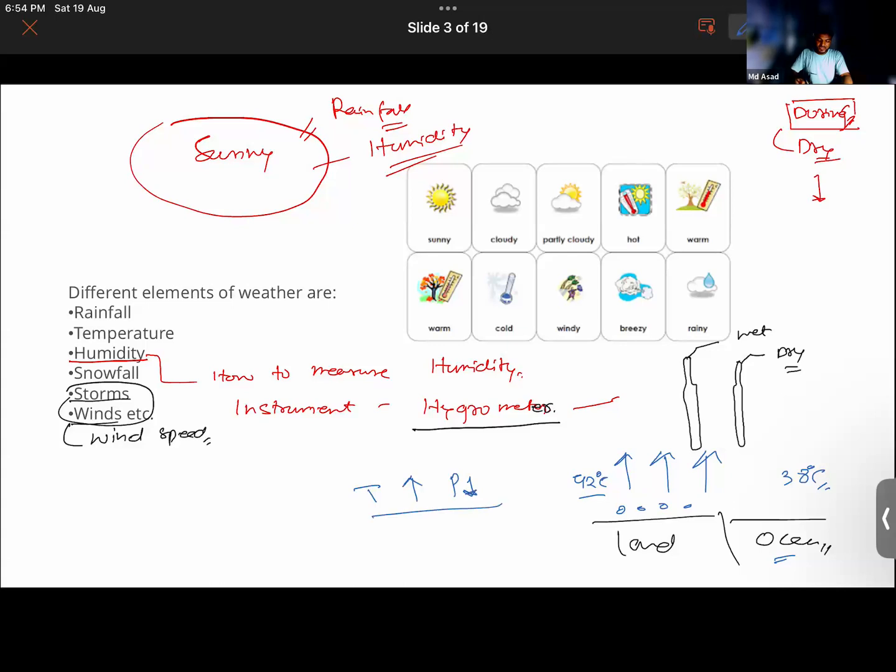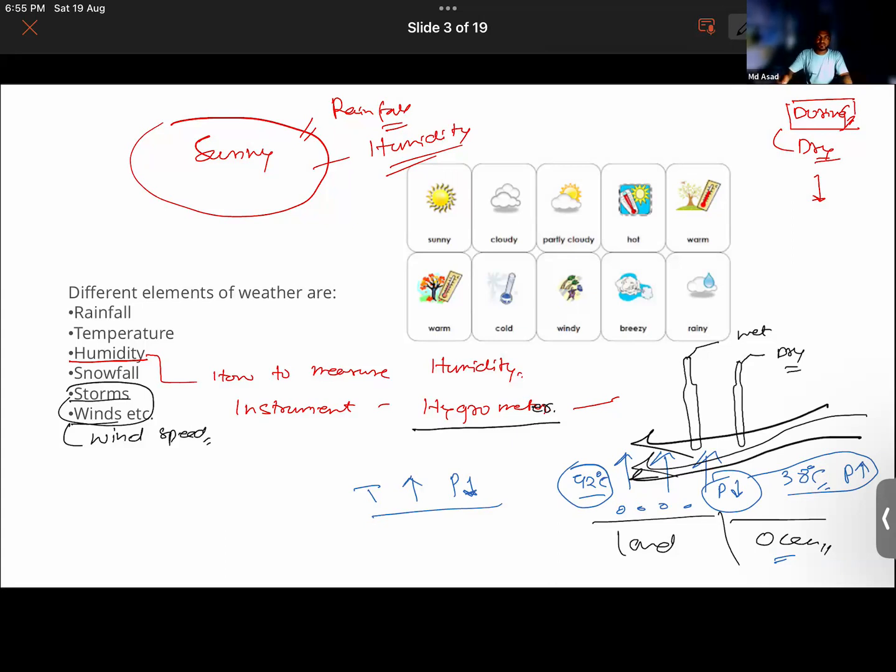That is the inverse relation you are aware of, isn't it, Sandhu and Vaiga? So here the temperature is higher, so pressure will be lower, and here the pressure will be higher. Air molecules move from a region of higher pressure to a region of lower pressure, towards this side. Can you explain it one more time?